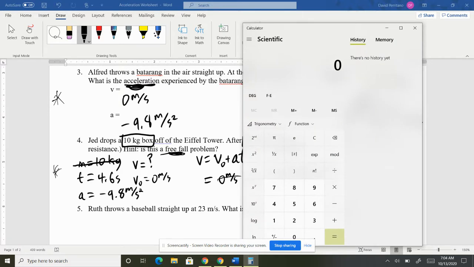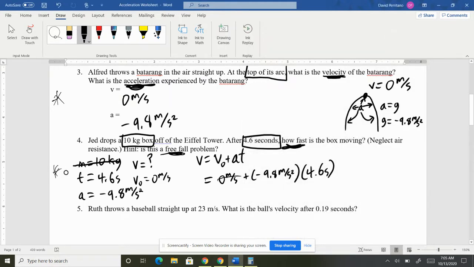So we have negative 9.8 times 4.6, negative 45.08. So our velocity equals negative 45.08.